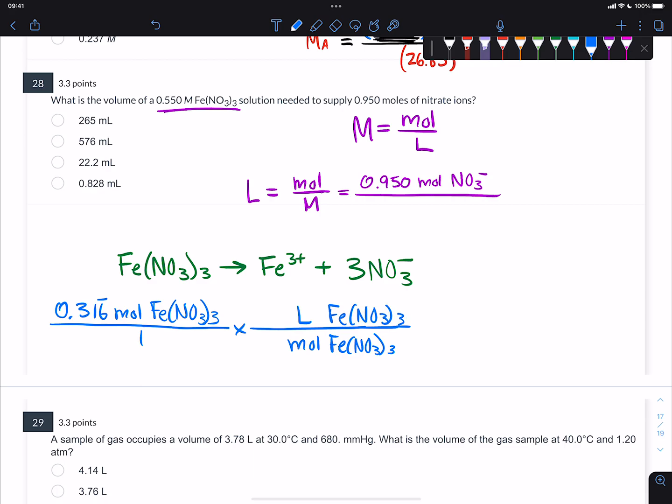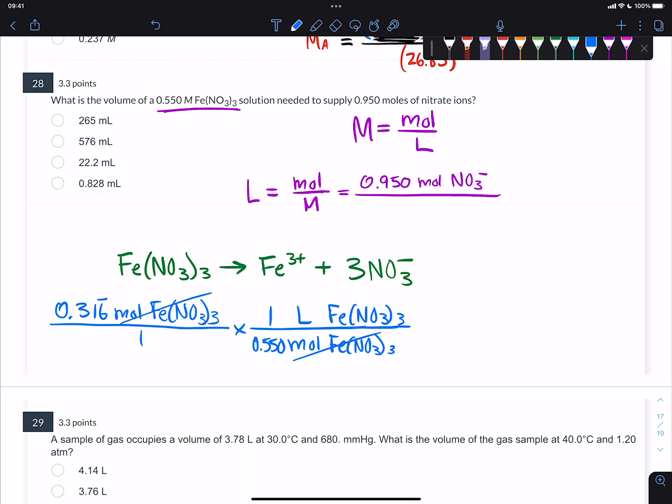Now remember, molarity is a conversion factor between moles and liters. So we know that for every 1 liter of iron 3 nitrate, we'll have 0.550 moles. So right here, this is just the molarity equation upside down. So we have that here, using this conversion factor. So moles of iron 3 nitrate are gone.